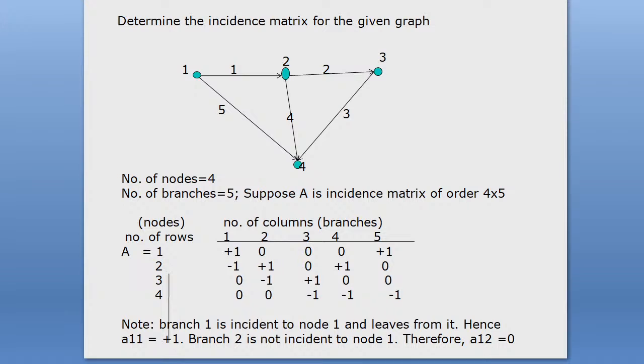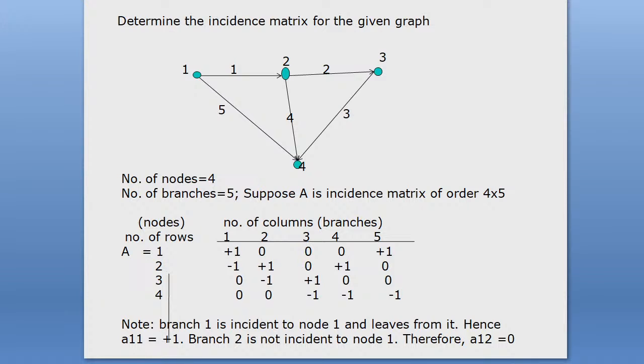Okay, now everyone tell me, is it correct or wrong? If you have any doubt, you write in your chat box. A32 minus 1, A41 minus 1. How? A44 is minus 1, right? A45 is minus 1, right?